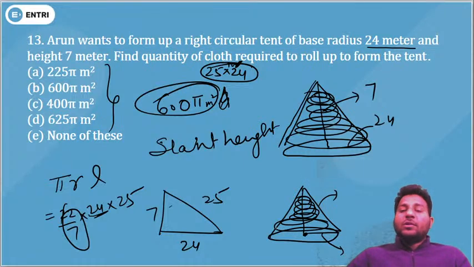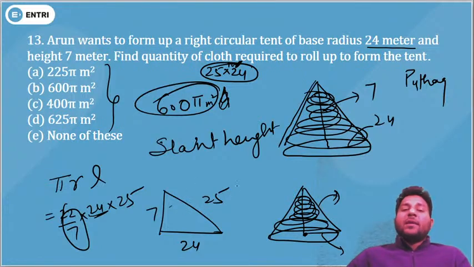The slant height can be found with the use of Pythagoras: hypotenuse square is equal to base square plus perpendicular square.